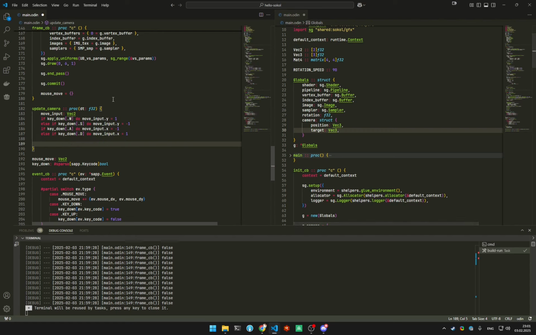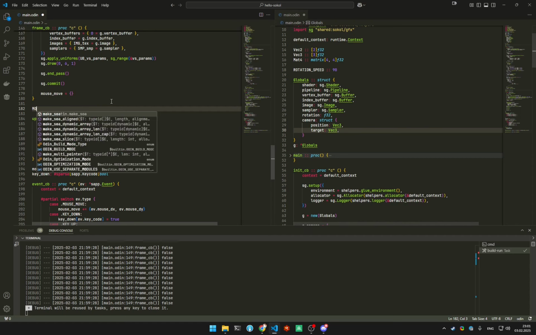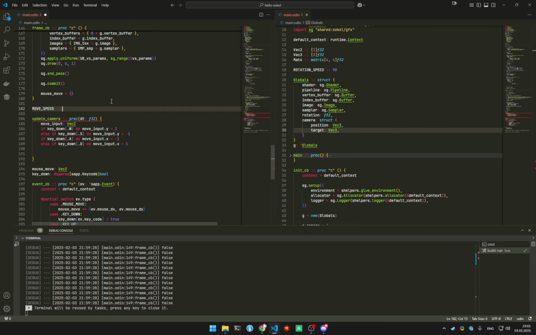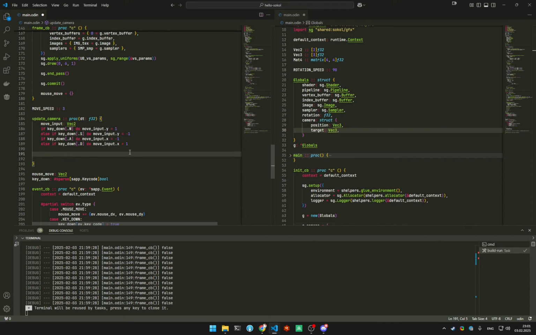Alright, now we maybe want to have something called move speed. So how fast do we want to move? Let's say 3 meters per second. And we want to move forward. So what we need to do is to compute a movement direction.